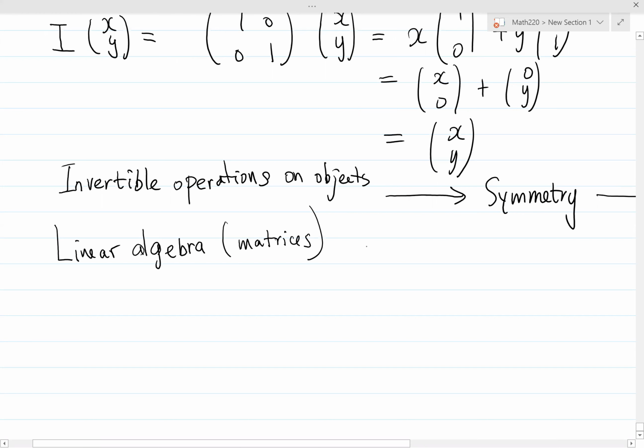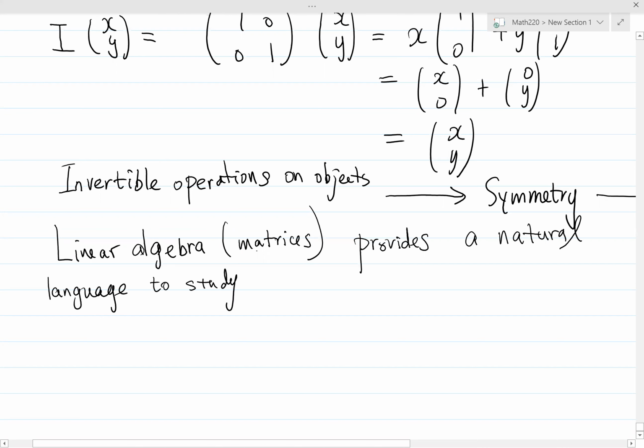Now, as we see from the last example, the object A comes from an operation, a rotation. This kind of language, linear algebra, provides a natural language to study groups, symmetry, invertible operations.